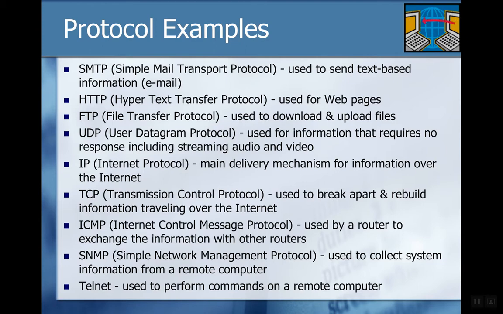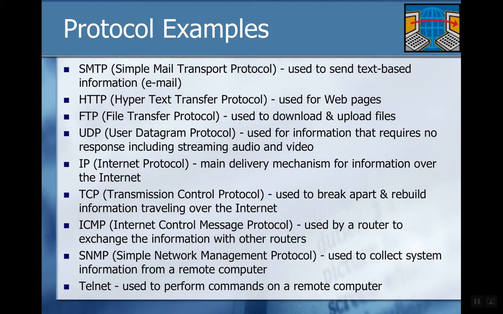UDP stands for User Datagram Protocol, and it's used in concert with IP for connectionless types of communications. IP is the Internet Protocol. It's really the main delivery mechanism for information on the internet.